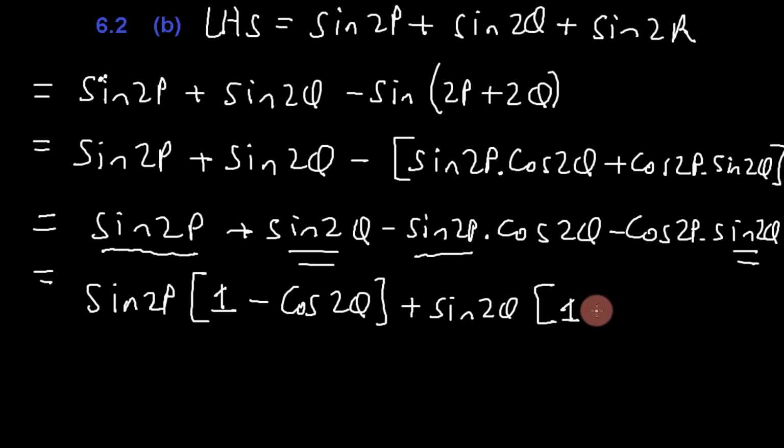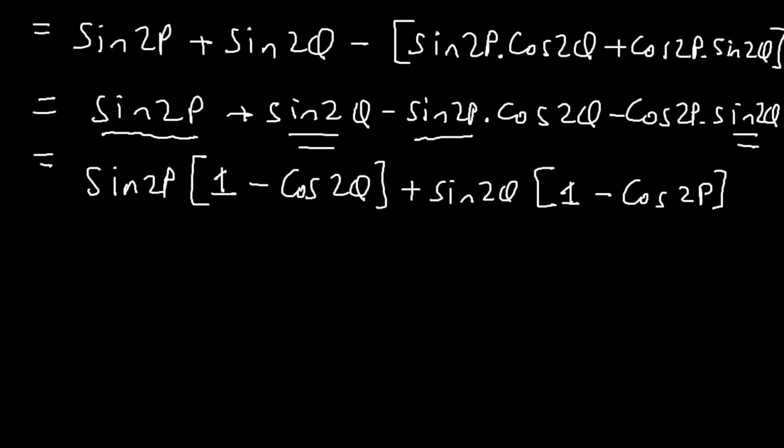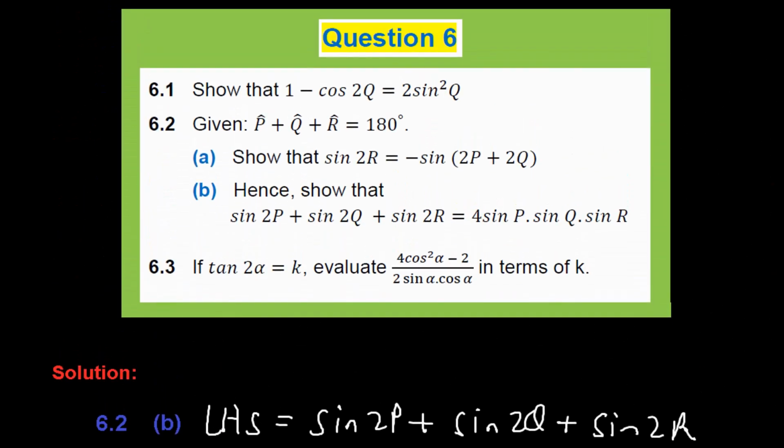Then this sine, so a minus. And here we are left with the cos of 2p. Now, let's go back to the question. We want to know what to do with this 1 minus cos 2q and 1 minus cos 2p. If you look back on 6.1, we see that 1 minus the cos of 2q is 2 times the sine squared of q.